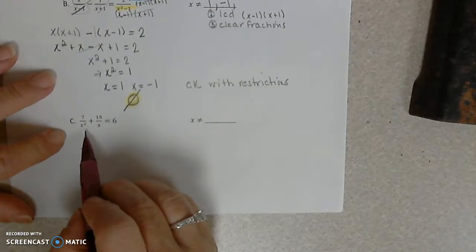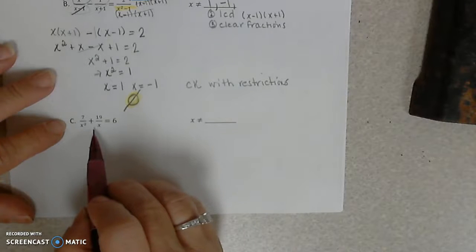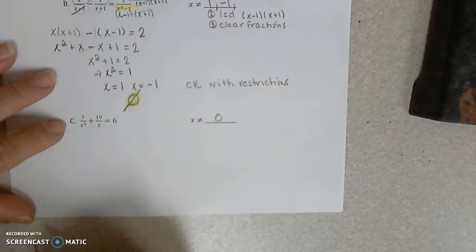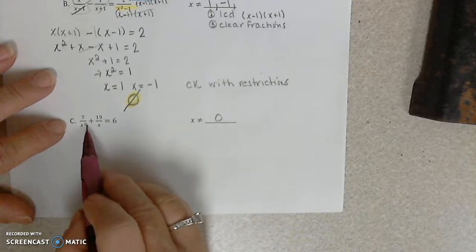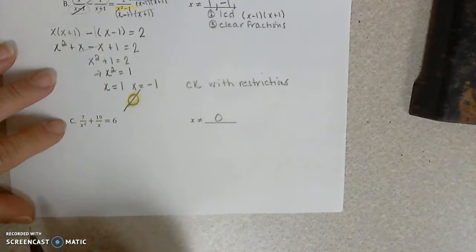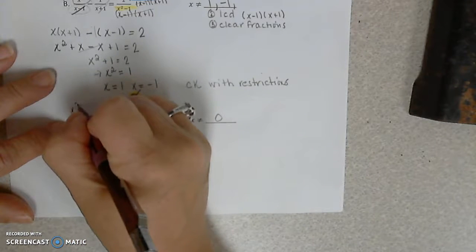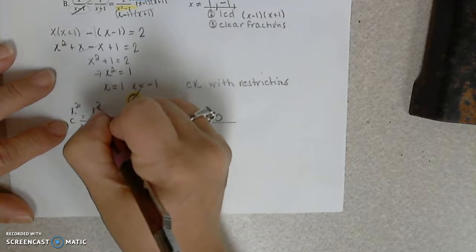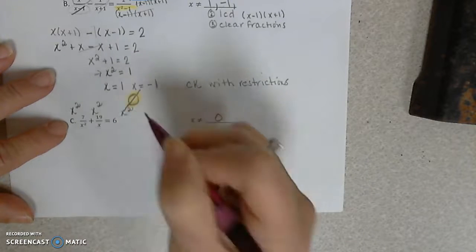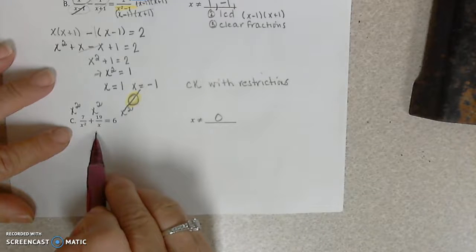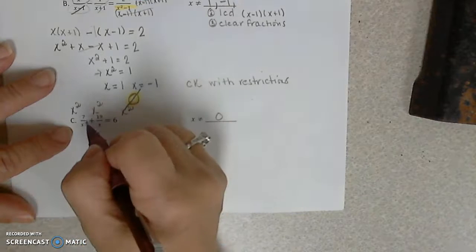All right, so here let's set our restriction. And it looks like the only thing x can't be is 0 itself. Because 0 squared would be 0 and vice versa. Common denominator is going to be x squared. You can use x cubed if you thought it was right, but x squared is going to be better.